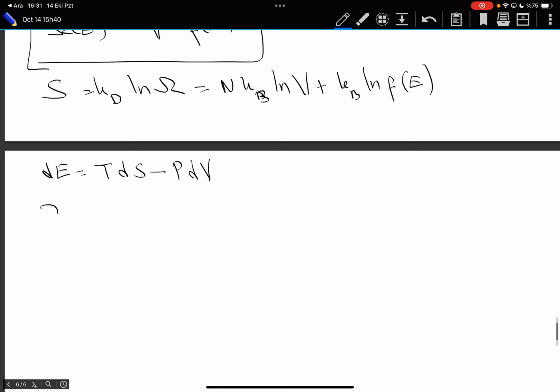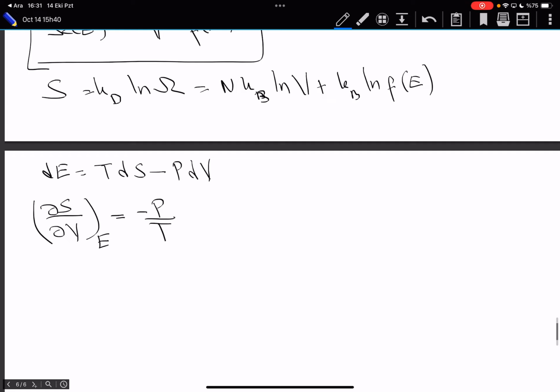So if I take the derivative of entropy with respect to volume at constant energy, I'm not changing the energy, I'm just changing the volume and seeing how the entropy changes. Well, this will be minus P over T.